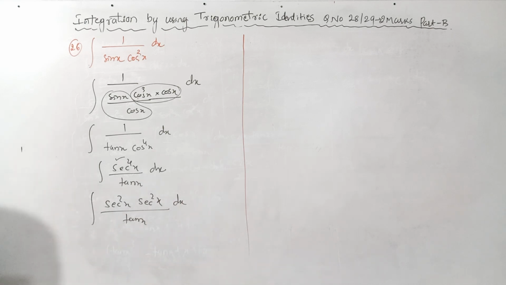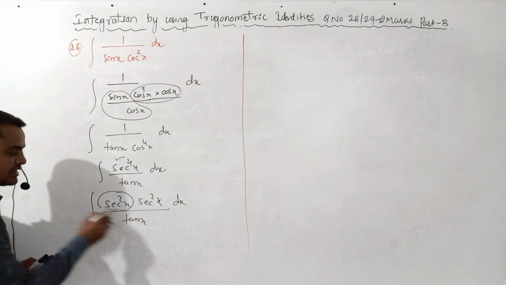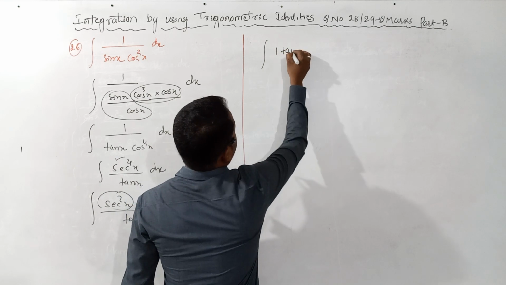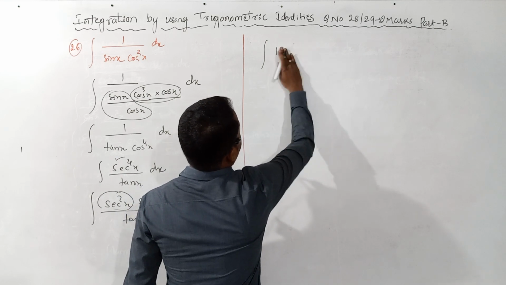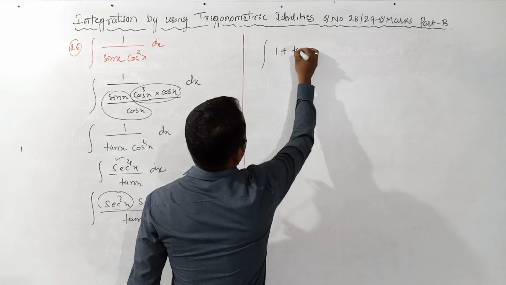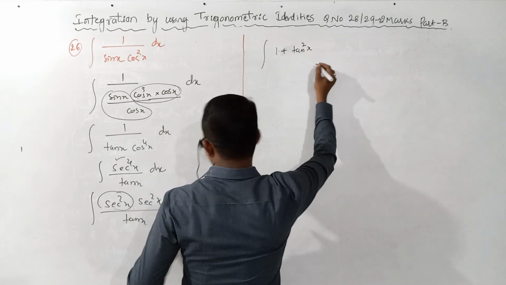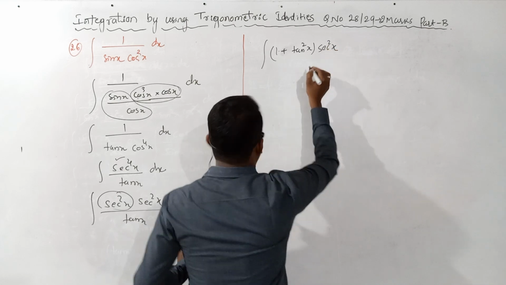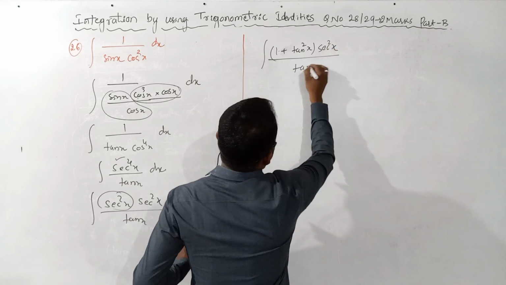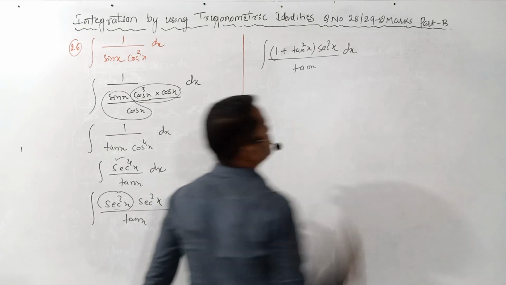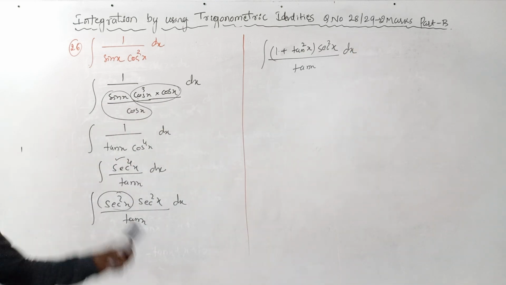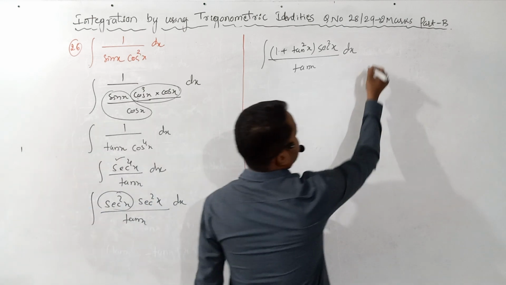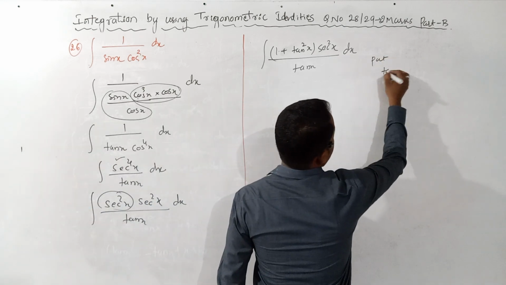Take one sec square and instead of it write 1 plus tan square x into sec square x divided by tan x dx. Now take the substitution tan x is equal to t. Put tan x is equal to t, and you will get the answer.